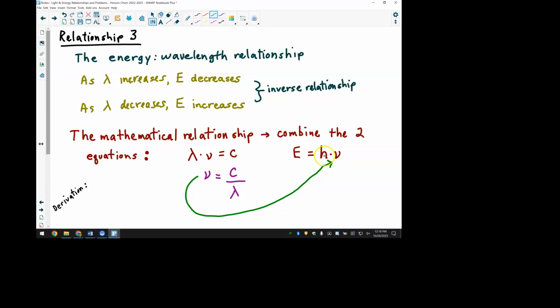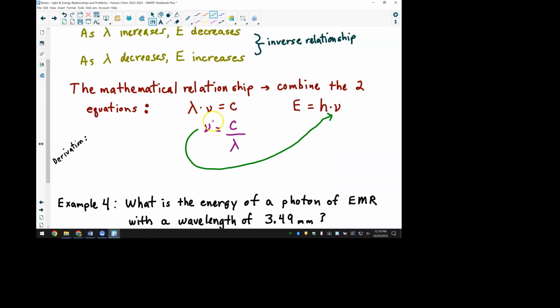I'm going to replace that with c over lambda. Got it? You with me on that? That's all I'm doing. I'm solving the first equation that we learned for frequency. And then I'm going to replace wherever I see nu.